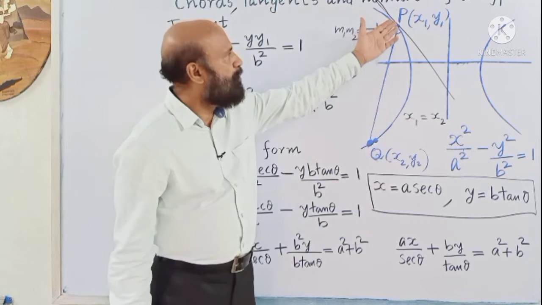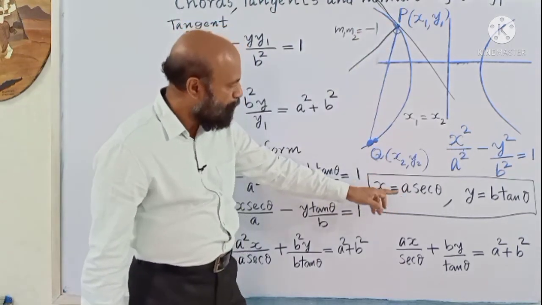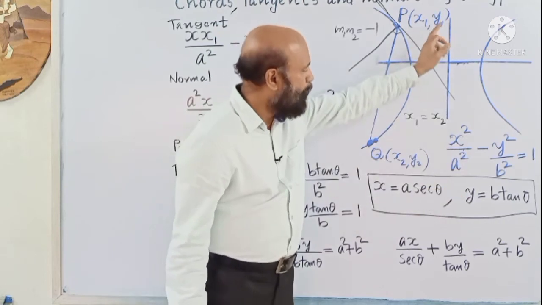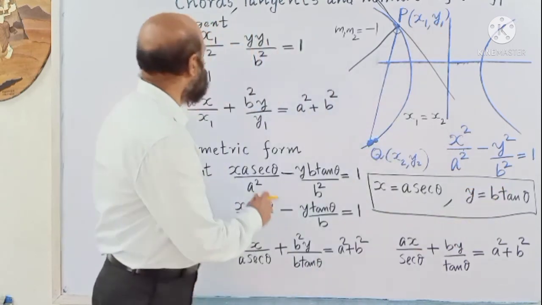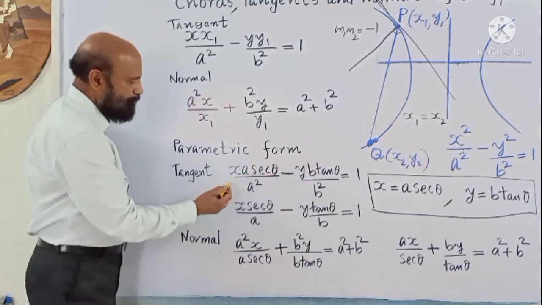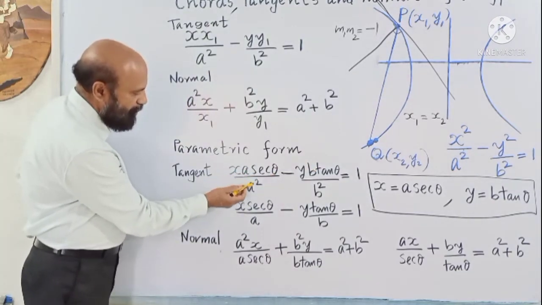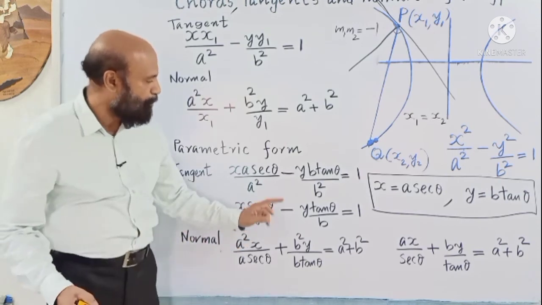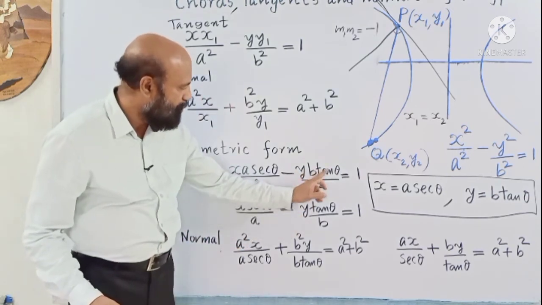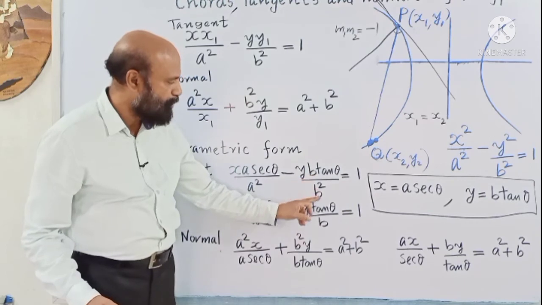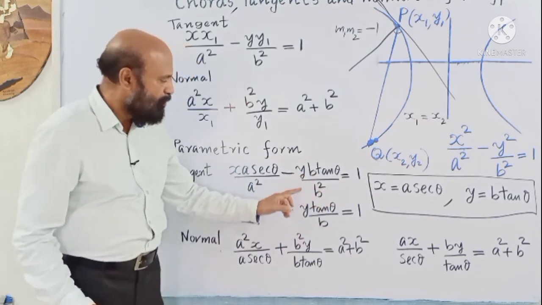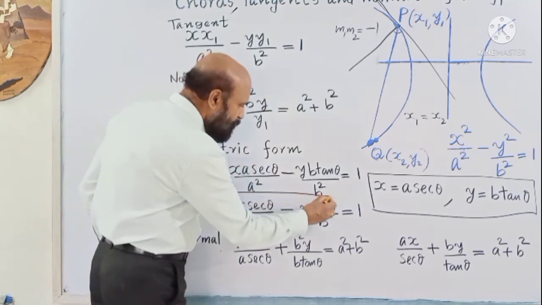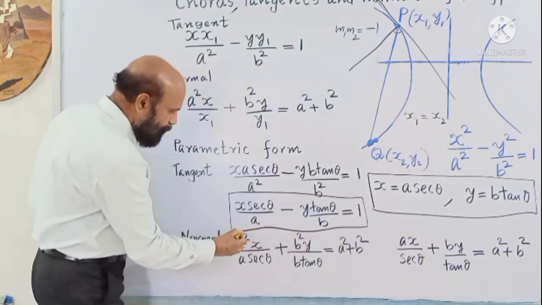Any point on the hyperbola is given by this relation. So x1 is a secant theta and y1 is b tan theta. So after substituting, you cancel this a square, and this b square, it will get cancelled. So x secant theta by a minus y tan theta by b is equal to 1. This is the equation of the tangent in the parametric form.